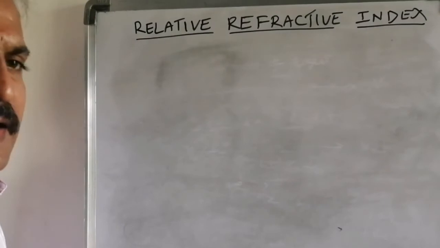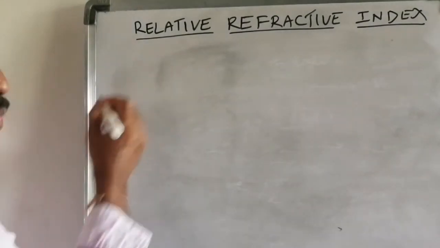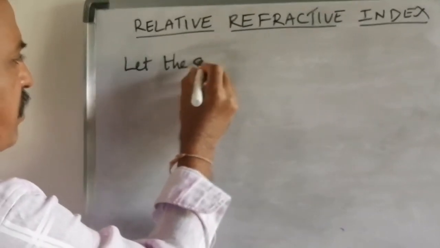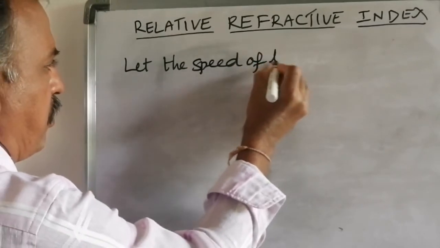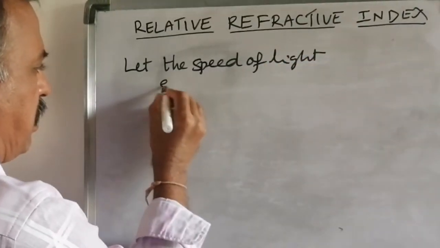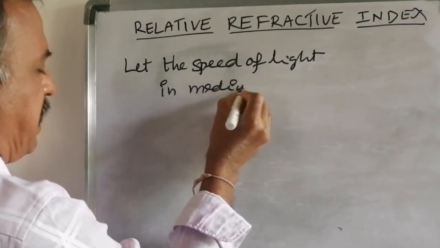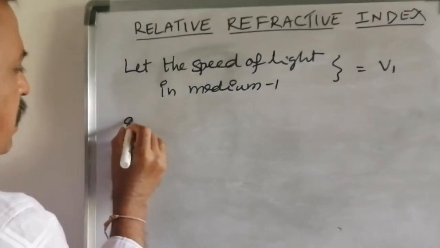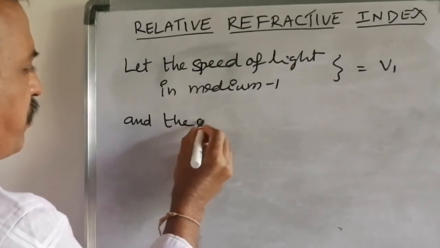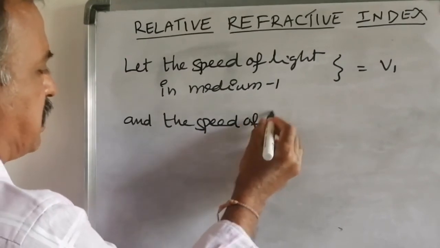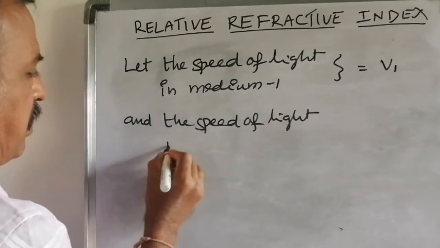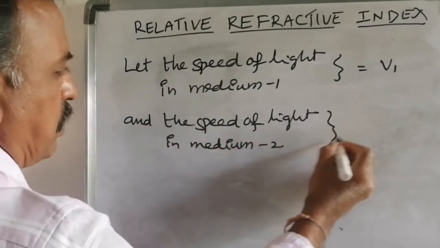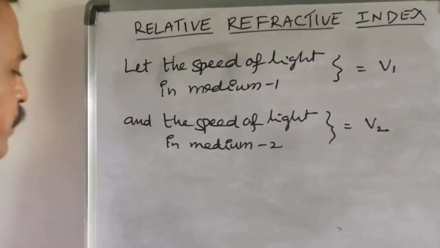Let us know the relative refractive index. To know that, let the speed of light in medium 1 be v1, and the speed of light in medium 2 be v2.